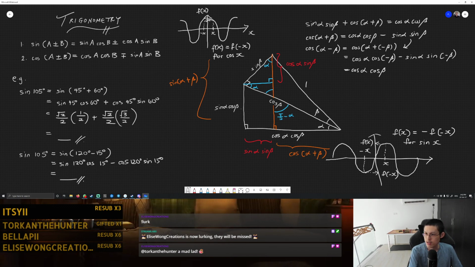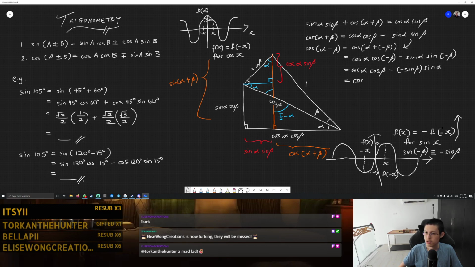Therefore, instead of writing sine negative beta, I could write it like this. Sine negative beta is equal to negative sine beta. So I'm going to chuck that back in here, and that gives me negative sine beta sine alpha.